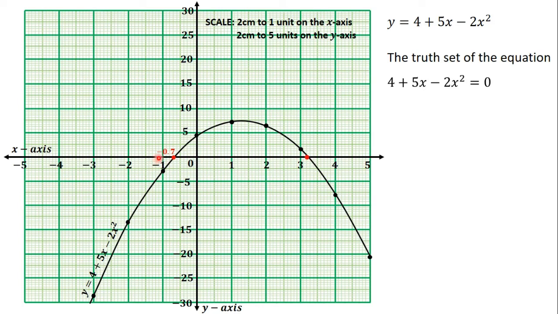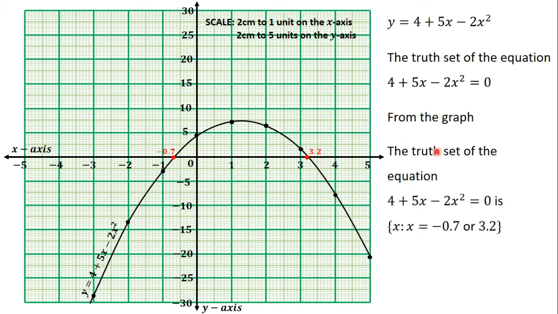Here, from my graph, the x-coordinate is minus 0.7, and here, from my graph, the x-coordinate is 3.2. So the solution of this equation are minus 0.7 and 3.2. The question said we should find a truth set. So you write the solution as a truth set.